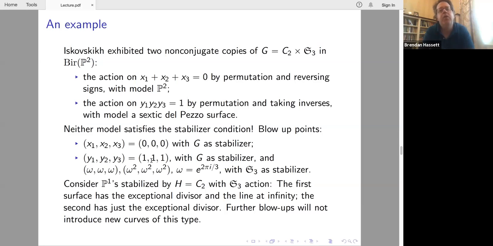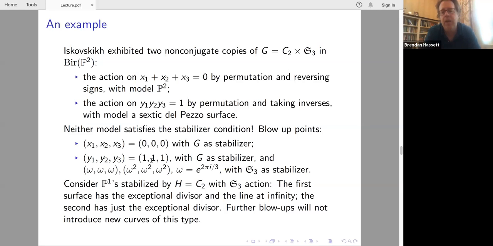Of course, this is a very classic example that is easily addressed using tools of classification theory, but I think it's interesting to see that by keeping track of the loci with non-trivial stabilizers and how they're acted on by the normalizer of that stabilizer in a larger group, you can get an invariant that allows you to distinguish these actions.